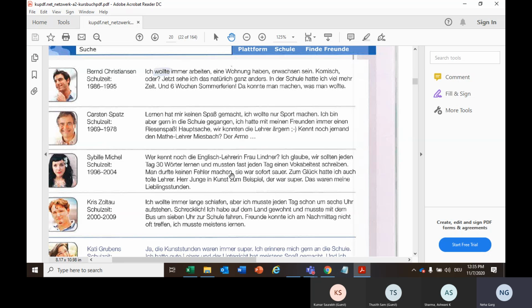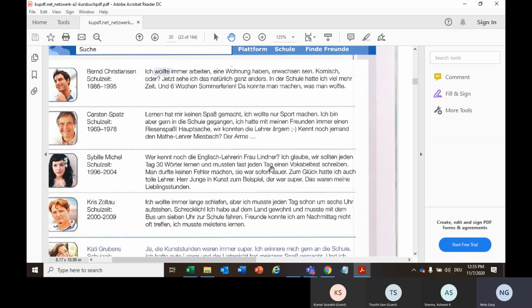Durften means allowed in past tense. In English we say one was not allowed to do any mistakes. So for one, in German we write man.